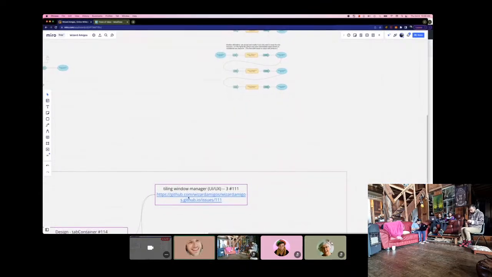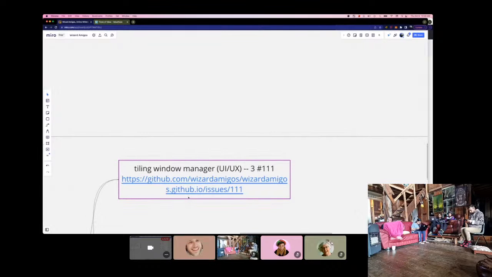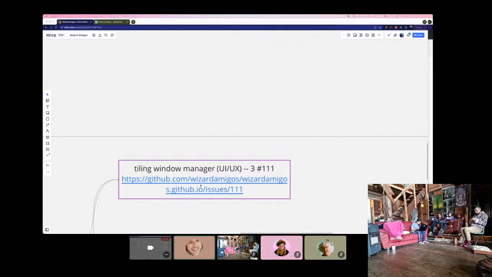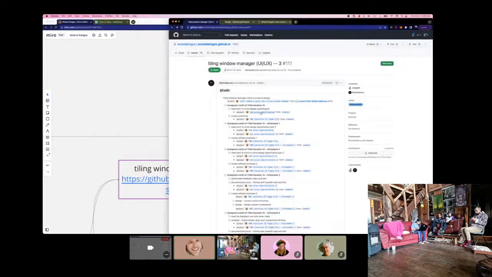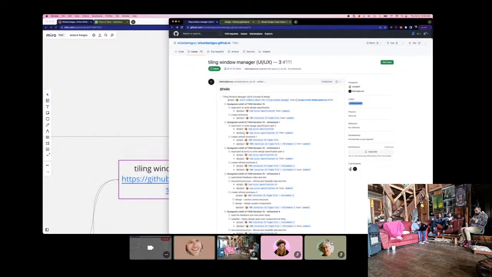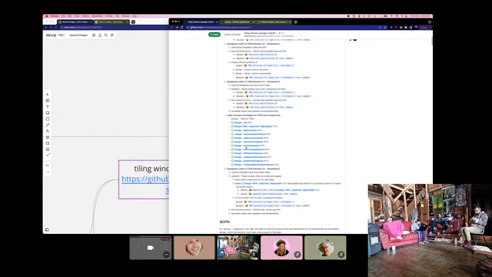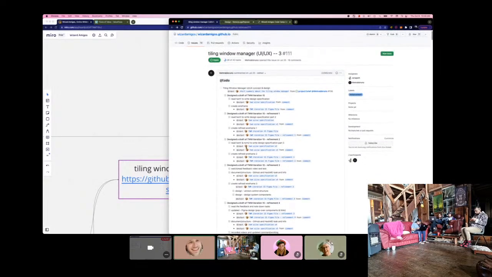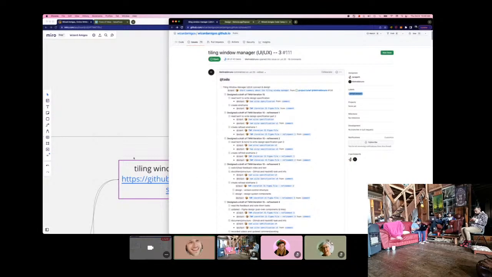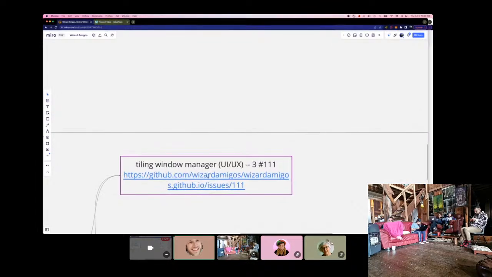So we can say that, hey, this tiling window manager is a plan, and we're going to be throwing a whole bunch of stuff in there, right? There's going to be some inputs to that plan. I think in this case, the input was a short summary about it. And the output for this whole thing is hopefully, I don't know if it's a design kit or an actual piece of software, a tiling window manager. But in any case, all of that's wrapped in a plan.